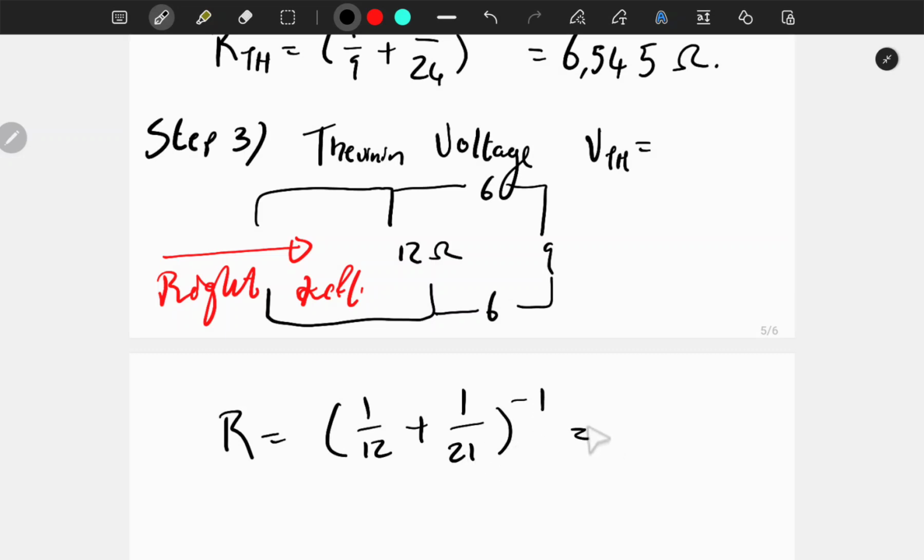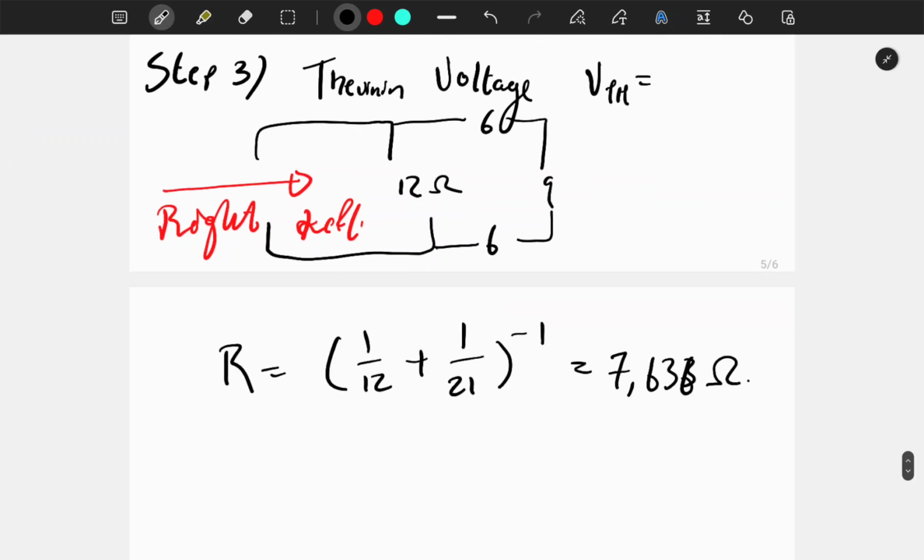Is going to give you an answer of, let me just check the answer, 1 over 12 plus 1 over 21 to the power of minus 1 gives you an answer of 7.636 ohms.